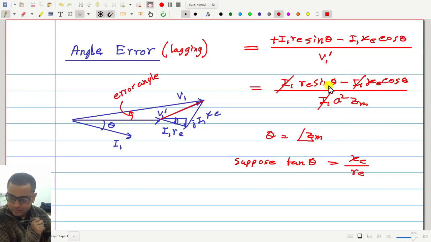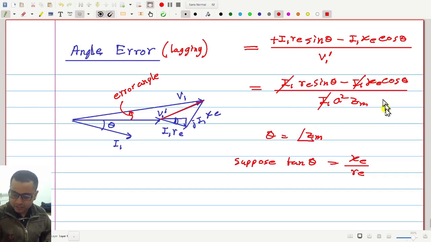Yes, sir. Tan theta will be equal to Xc by Re, so theta will be tan inverse, then this will come out to be 0. How do we show that? We can take sin theta common, then we will get tan theta.